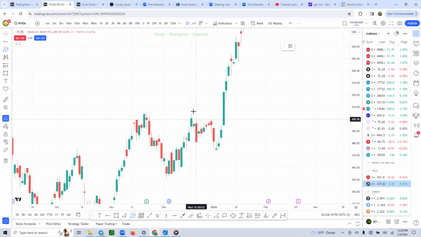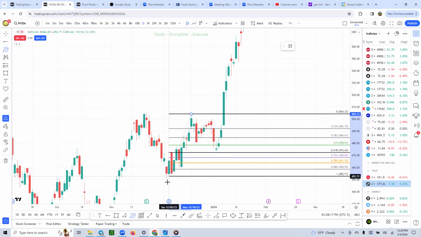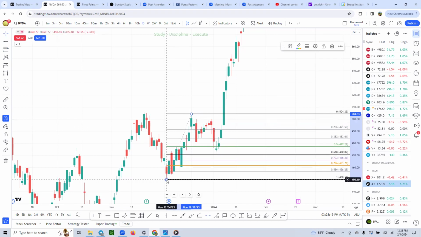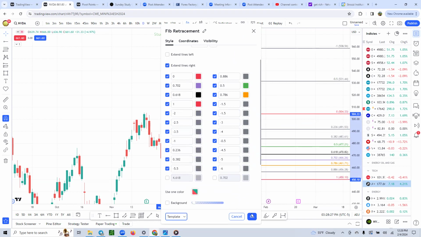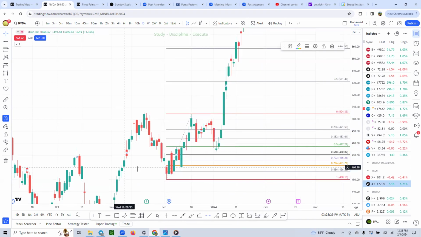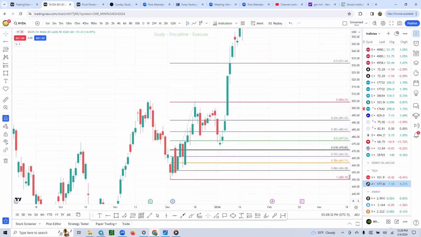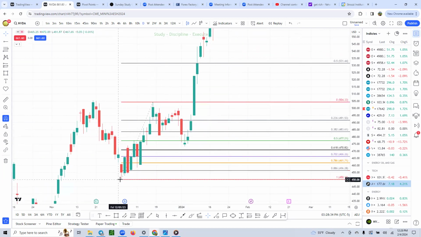So what we did is measured this price range right here, and we put the Fib with extension on. And notice how this is so vertical. Swing low, swing high, price retraces down into a discount, order block, also a propulsion block, and took off.